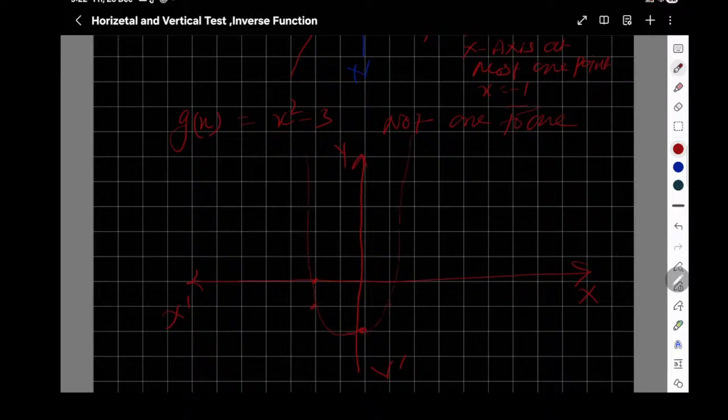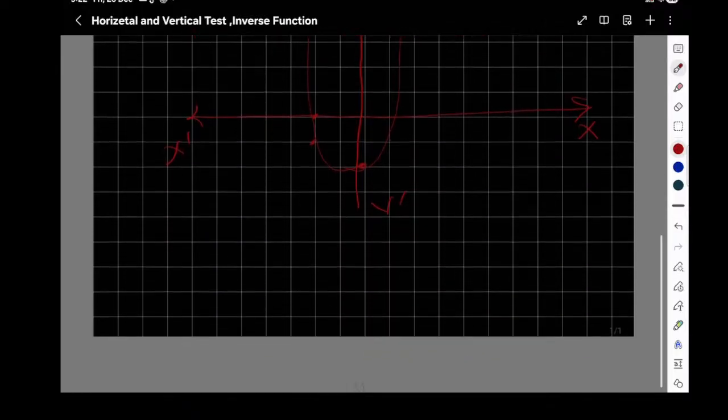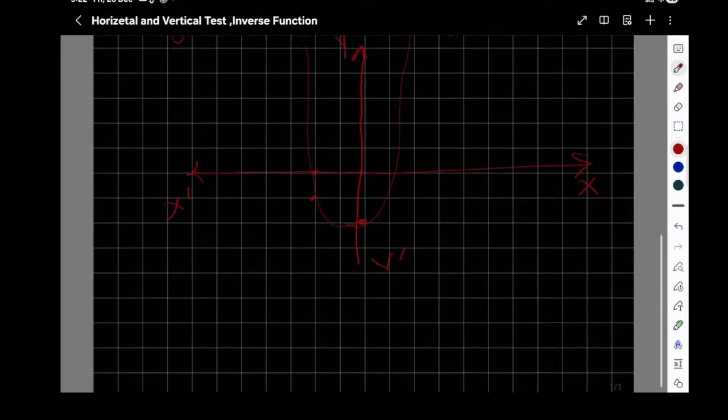So every time the graph intersects at two or more points, this is not one to one. You can visualize very easily whether a function is one to one by using the graph.